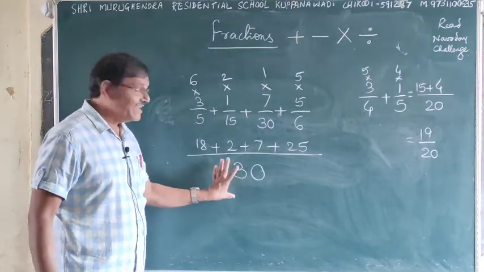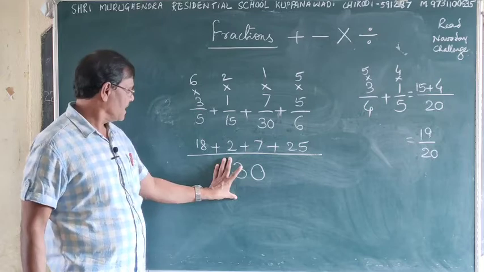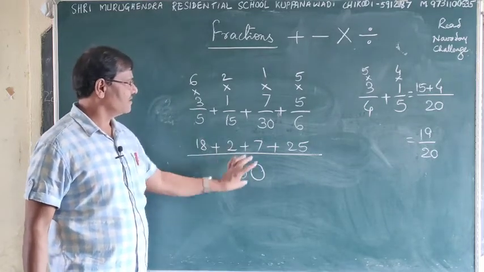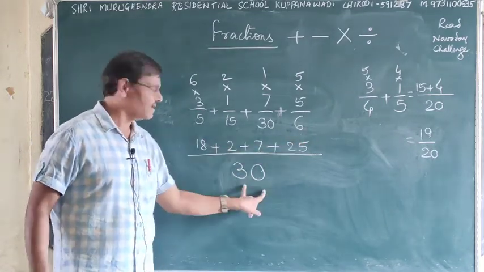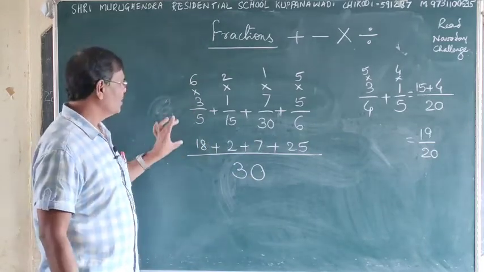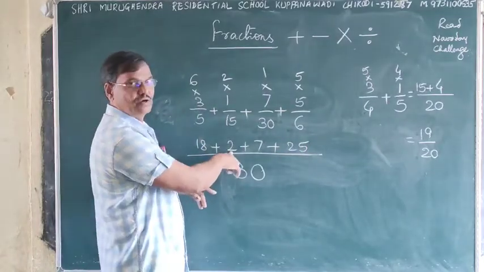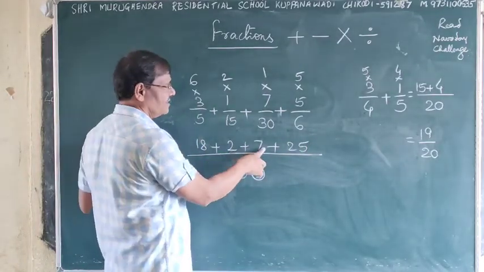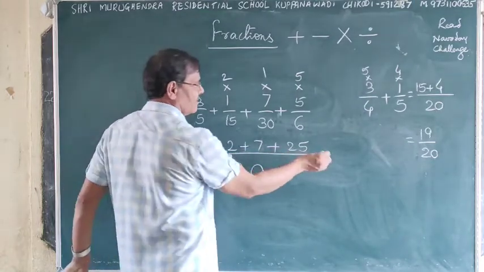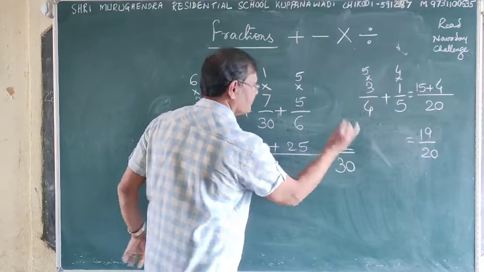See, now the denominators are the same: 18 by 30, 2 by 30, 7 by 30, 25 by 30. 18 by 30 means 3 by 5. So these should be added. 18 plus 2 is 20, 27, 52. 52 by 30.